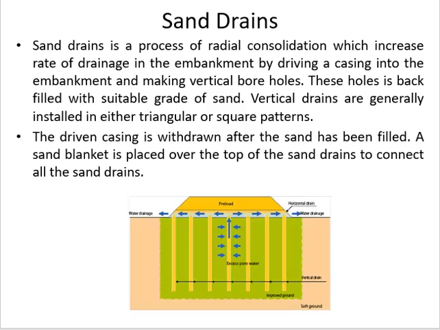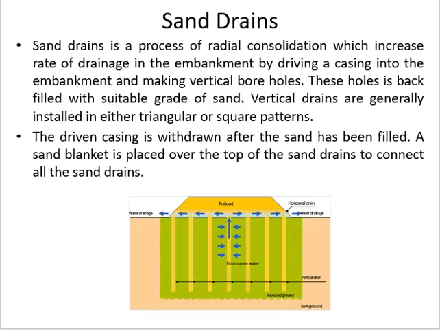The first one is sand drains. Sand drains is a process of radial consolidation which increases the rate of drainage in the embankment by driving a casing into the embankment and making vertical boreholes. In this method, the boreholes are drilled to the desired depth, the drilling tools are removed, and the boreholes are filled with sand.